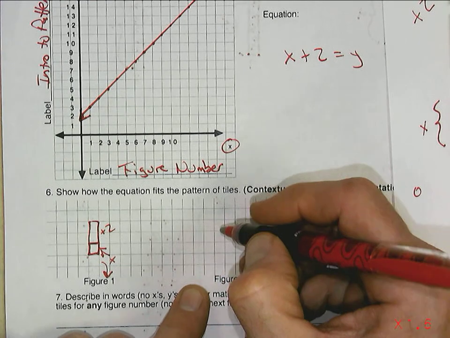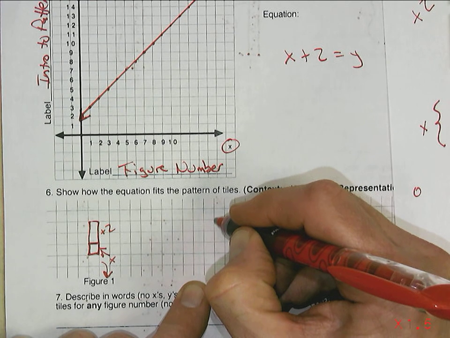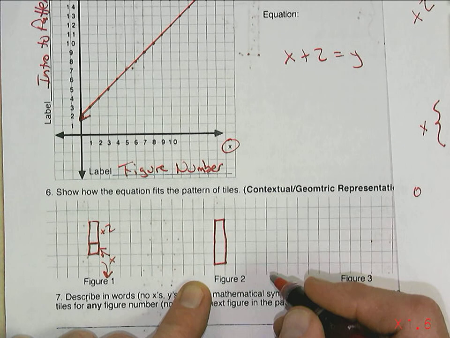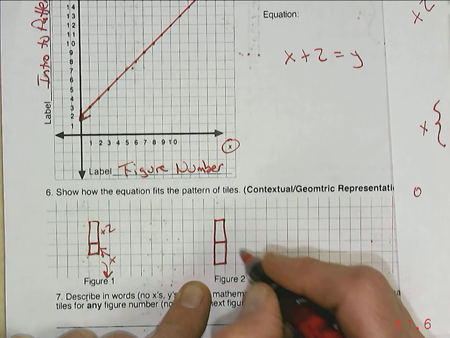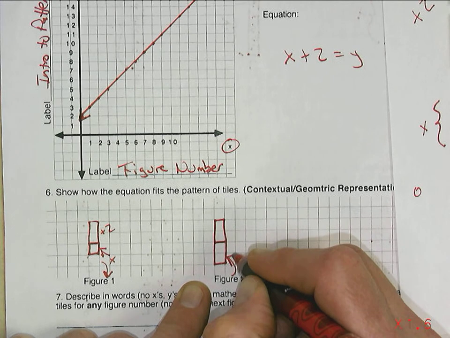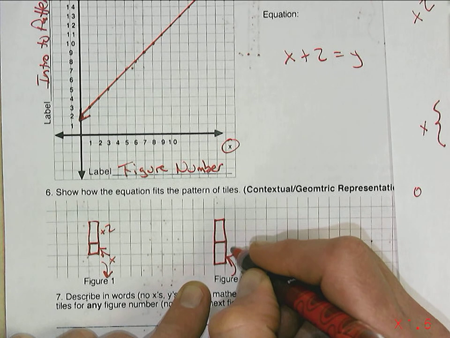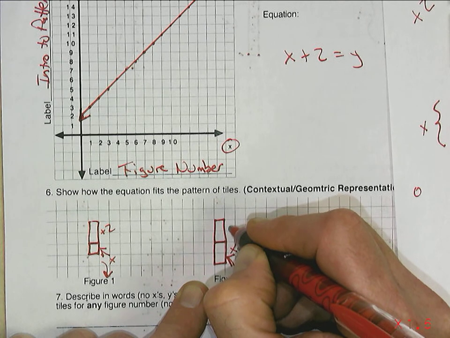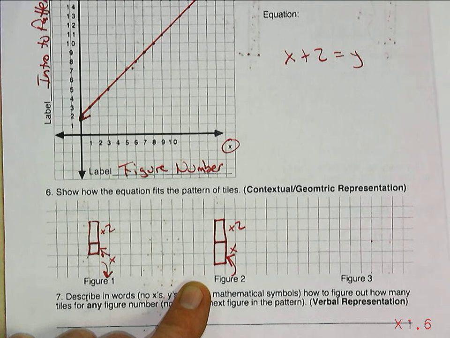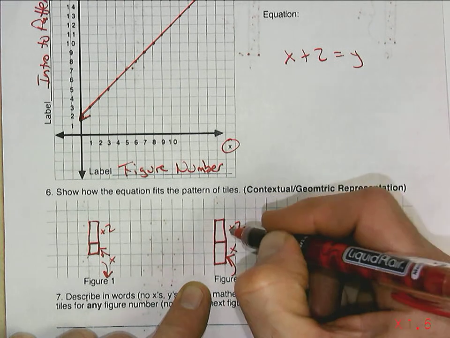And if I looked at figure 2 again, which has 4 tiles in it, so here I'm going to kind of break it up, so this part right here is the same as the figure number, or x, and then we still have these 2 out here that are just always there. Kind of call this a constant 2.